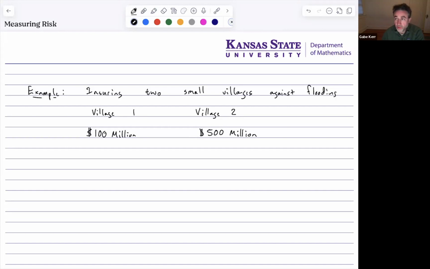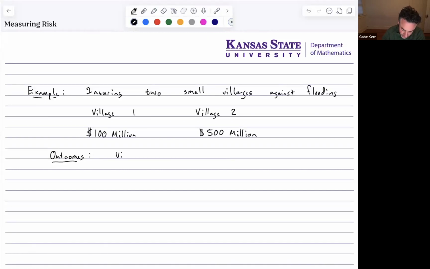And now you go to your local meteorologist and geologist and discuss a little bit about what the risk or the probability of a flood occurring in these two villages are. So we'll say outcomes, there are four different outcomes.